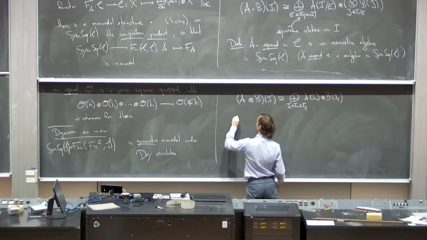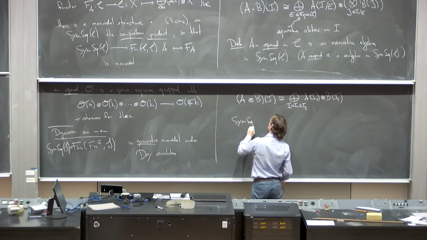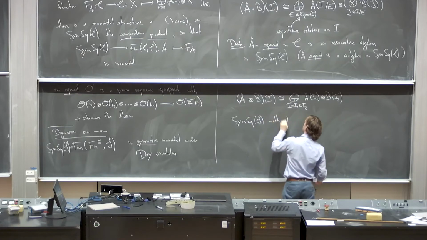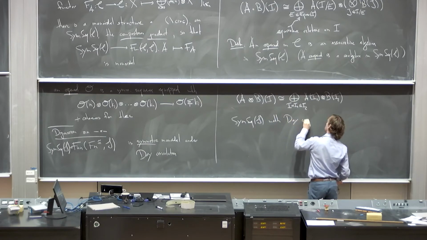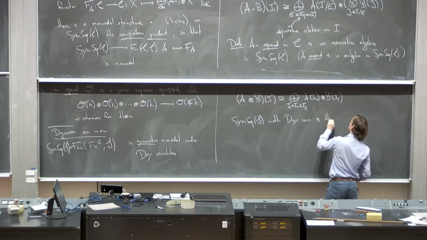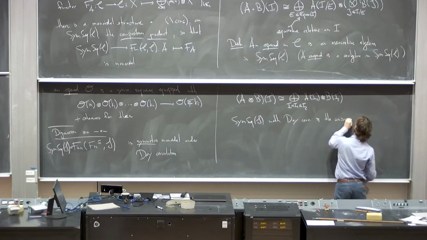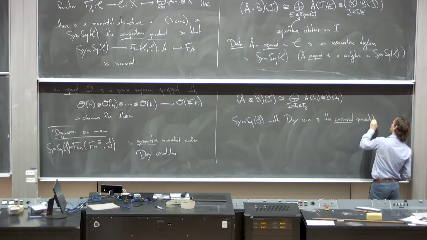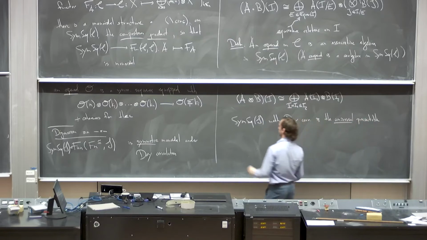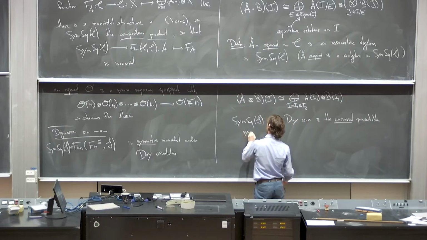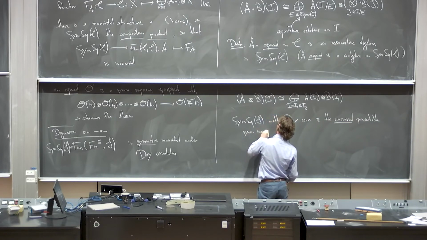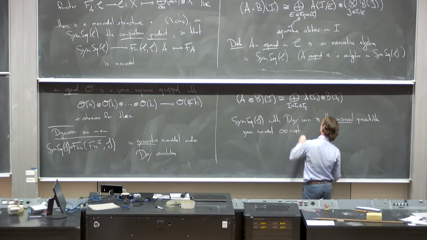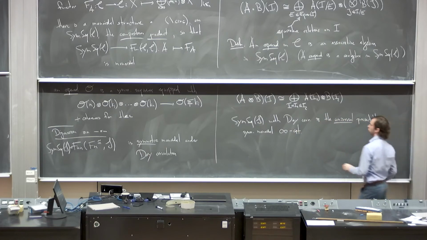So this symmetric sequences category S with this Day convolution is the universal presentable symmetric monoidal infinity category on one object.